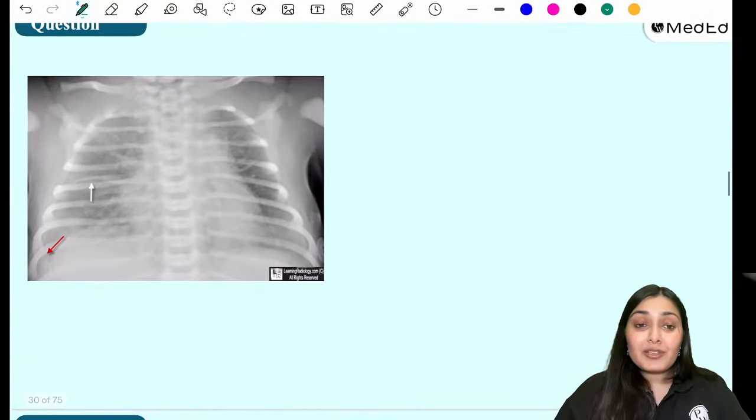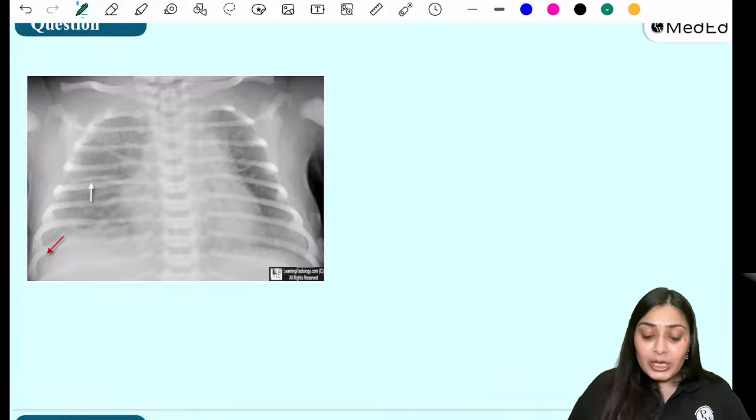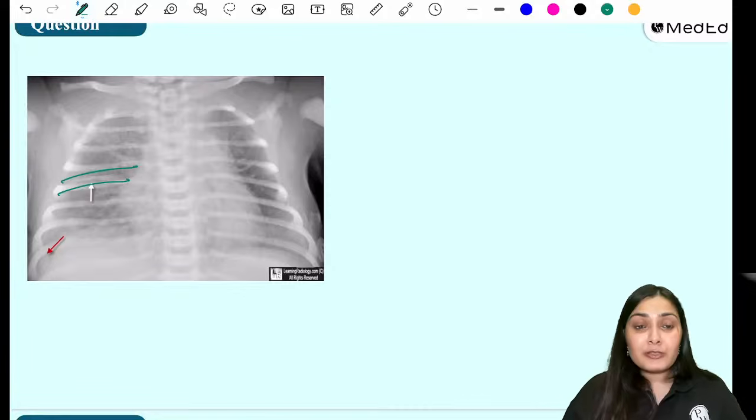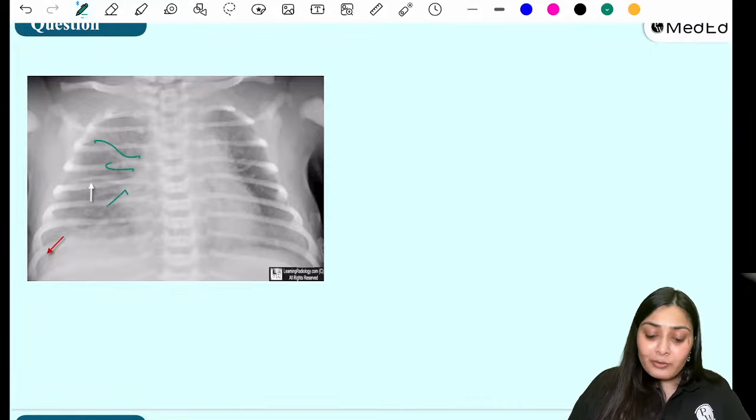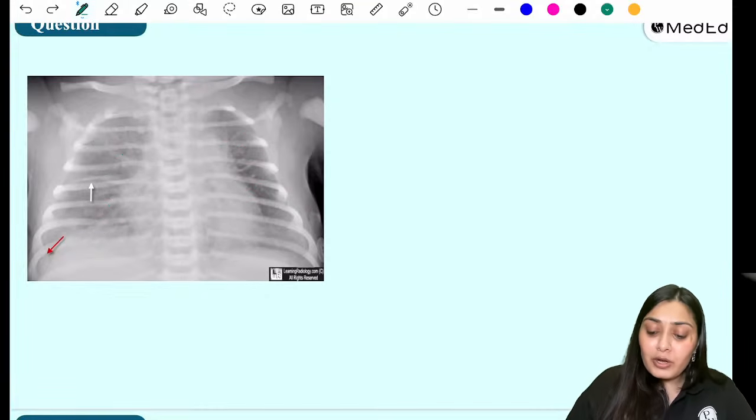This is the typical X-ray that you see in cases of TTNB. What do you see? Essentially, I'm seeing a retained fluid in the lungs. Can you notice this in the interlobar fissure? There is fluid. Horizontal fissure, I can see retained fluid. Also, you can see retained fluid streaking out like this. This is sunburst appearance. So remember, in the X-ray of transient tachypnea of newborn, I see two things.